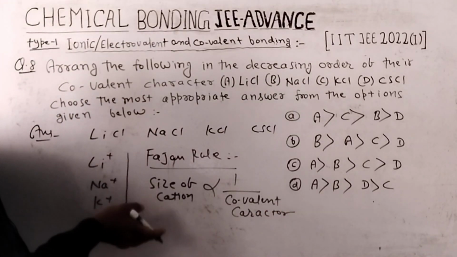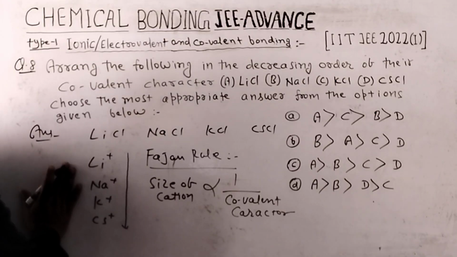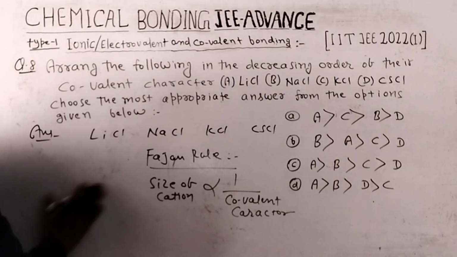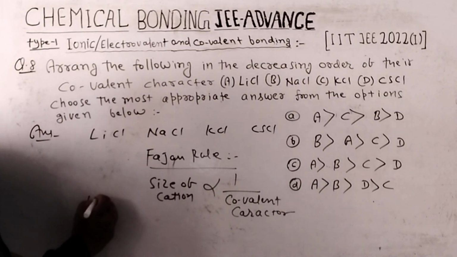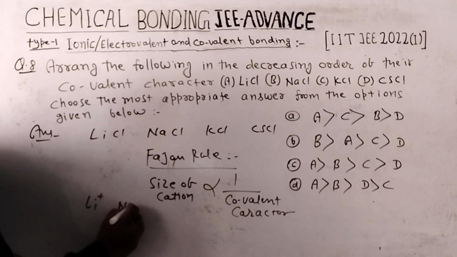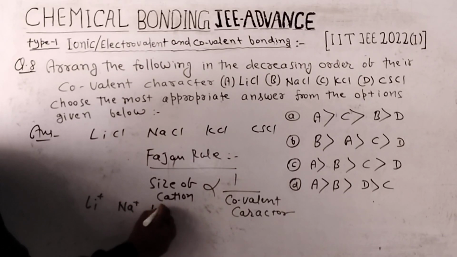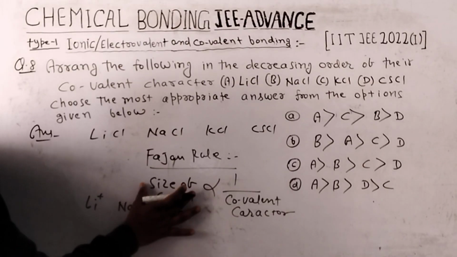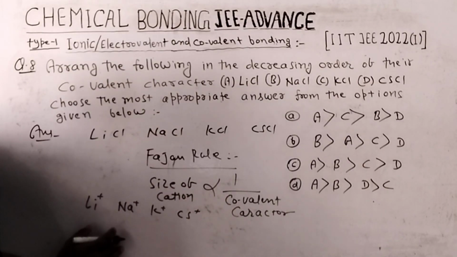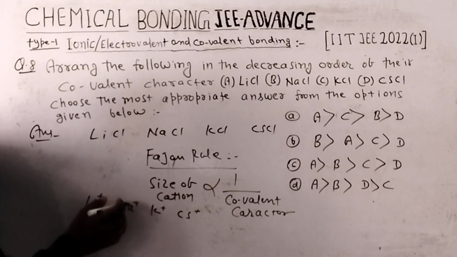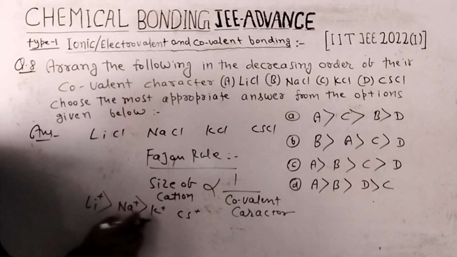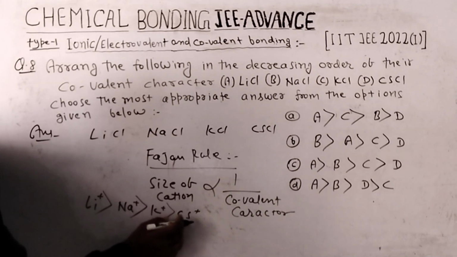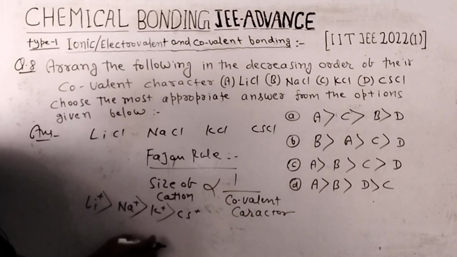Now after applying Fajans' rule, here we have lithium cation, sodium cation, potassium cation and cesium cation, and size of cation is inversely proportional to covalent character. So covalent character is maximum for lithium cation, after that sodium, after that potassium, and after that cesium ion.